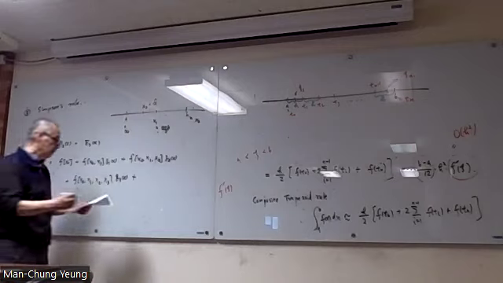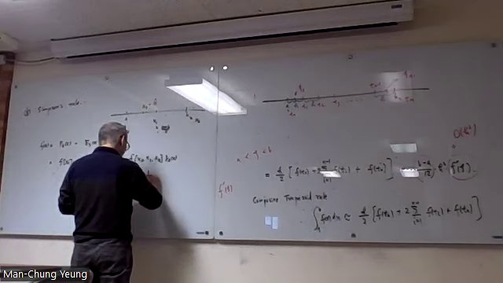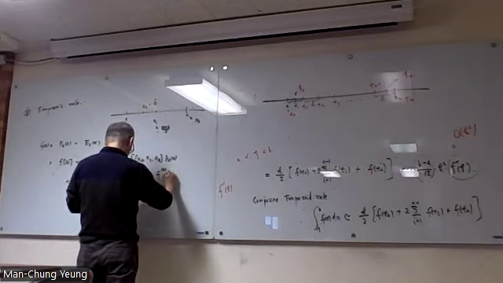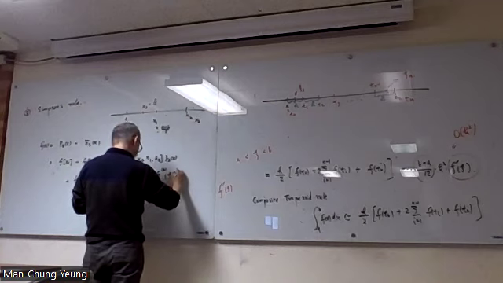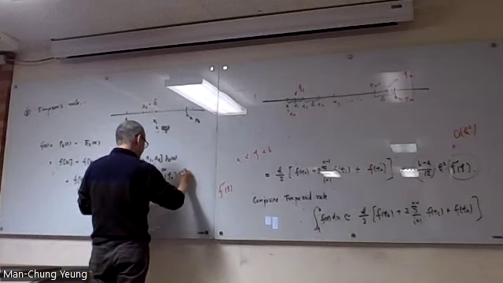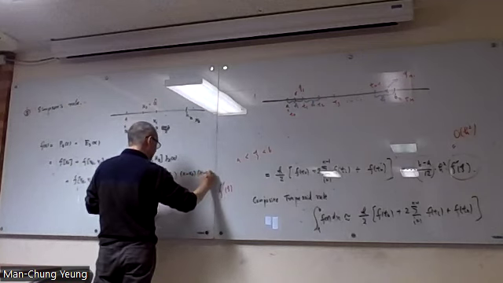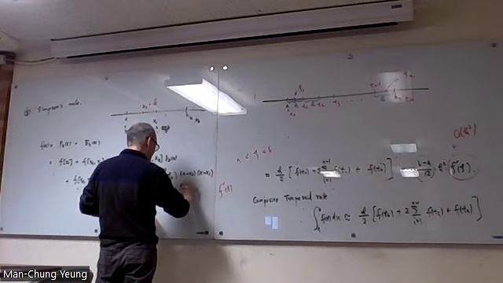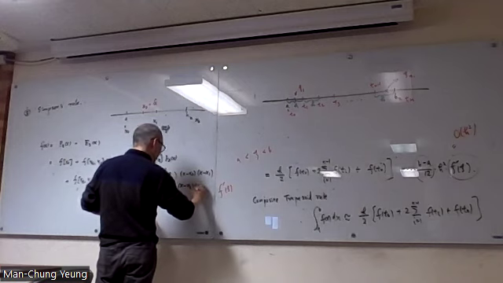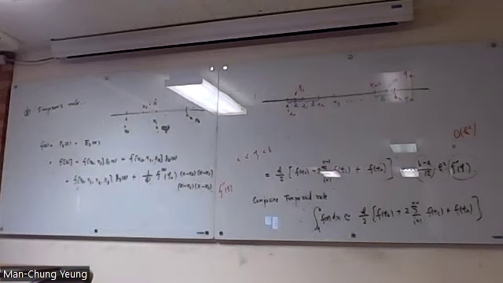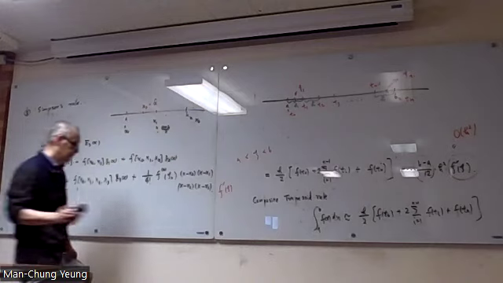N is 3, so 1 over 4 factorial, 4th derivative at psi of x, then x minus x0, x minus x1, x minus x2, x minus x3.